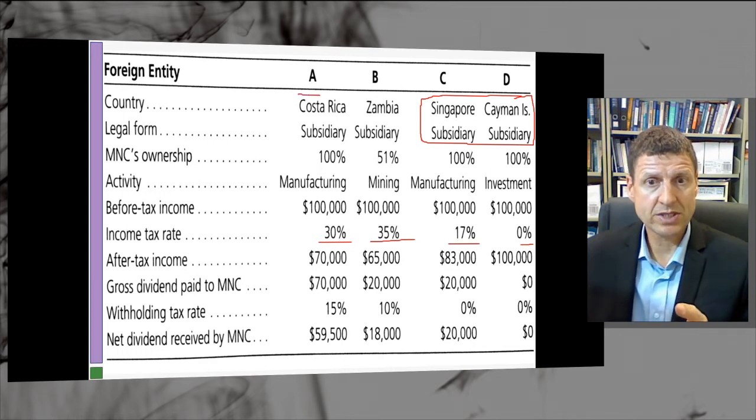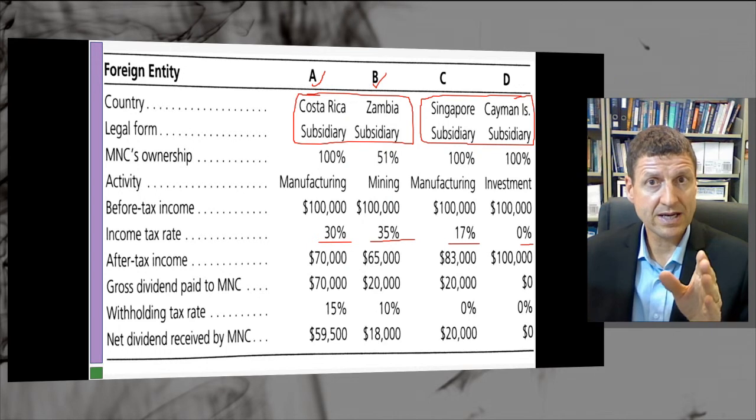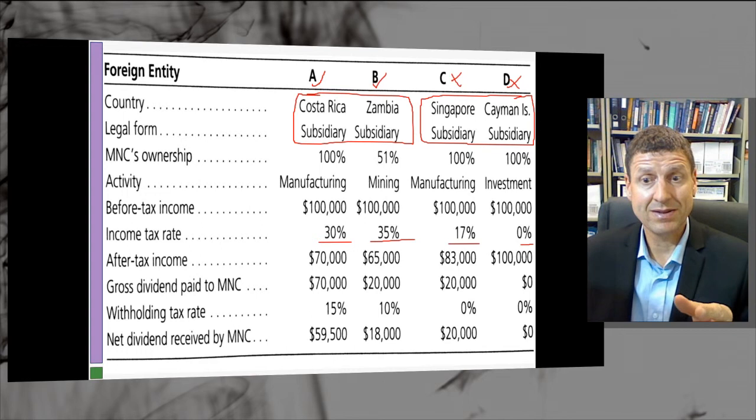But if you have a subsidiary in Costa Rica or Zambia, then it's very easy to argue that the income earned by these subsidiaries is not deemed to be subpart F income under the CFC law, and so you can avoid the complications of the CFC in countries A and B. But in C and D, you're going to be under further investigation, and you may have to deem your income to be a dividend paid under subpart F income and the CFC law.